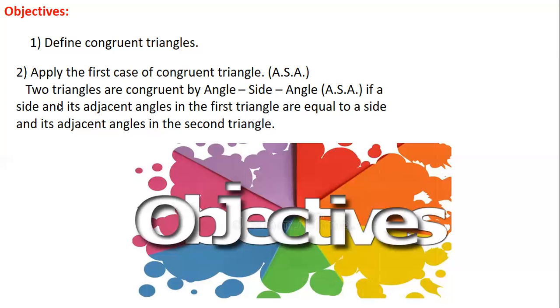If a side and its adjacent angles in the first triangle are equal to a side and its adjacent angles in the second triangle, then we say that these two triangles are congruent by ASA. So in this lesson, we are going to learn only one case of congruency in triangles, which is, don't forget, ASA or angle, side, angle.